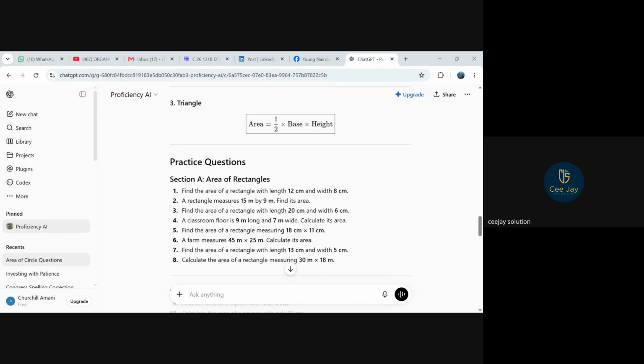It says find the area of a rectangle with length 20 centimeters and width of 6 centimeters. As you know, the area of a rectangle is length times width. So we multiply 20, which is our length, times 6 centimeters, which is our width. We get the area as 120 centimeters squared.